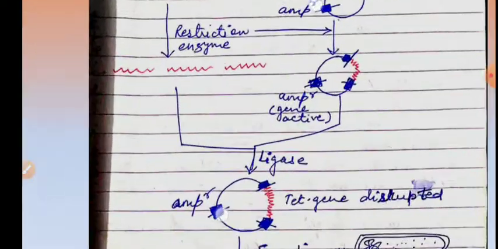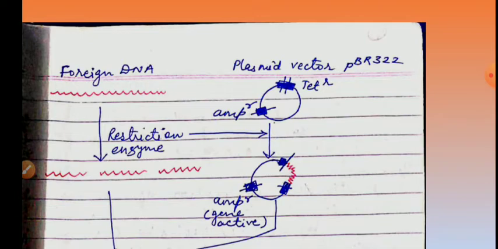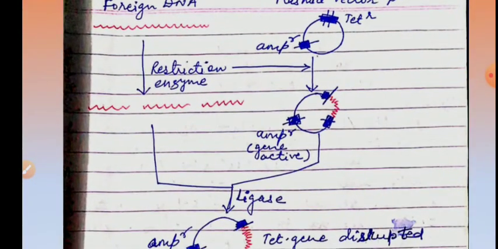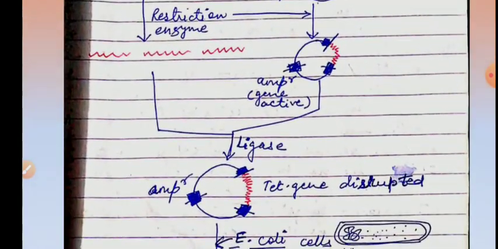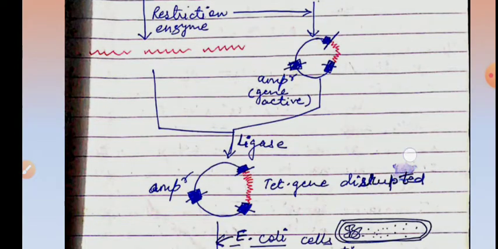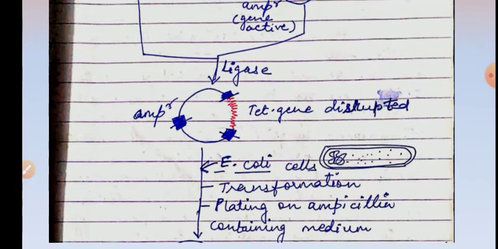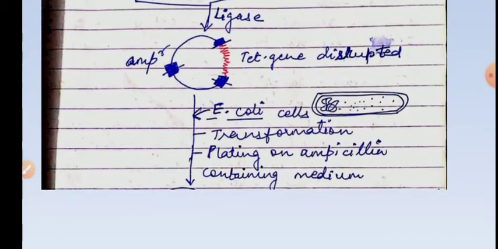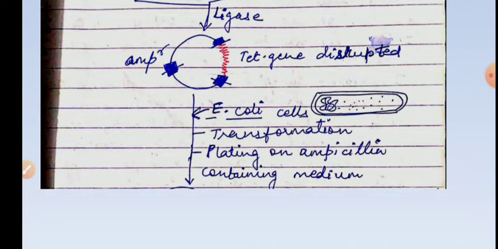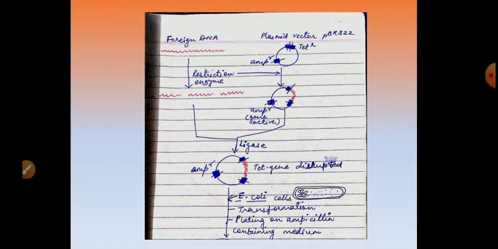Right. So this is the diagram. Foreign gene, we have a plasmid vector pBR322 having ampicillin and tetracycline resistance genes. The foreign gene fragmented with restriction enzyme is inserted into the tetracycline gene. The tetracycline gene is disrupted. Then this recombinant vector is allowed to transform E. coli cells, and then we plate on ampicillin containing medium.